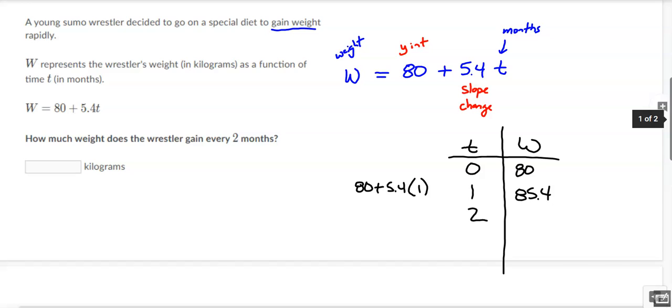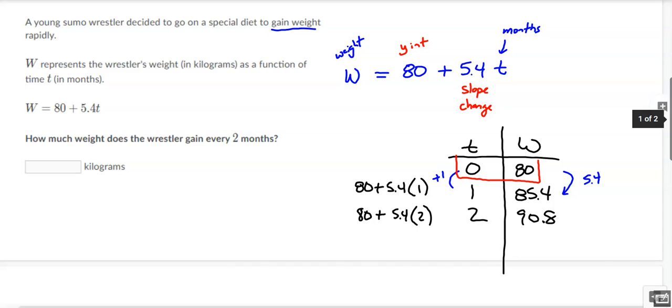If I plug 2 in there, I'm going to have 80 plus 5.4 times 2, which is 80 plus 10.8, which will be 90.8. And you'll notice our change in W is just our slope. It's going up by 5.4. And our change in T was 1, so it's 5.4 divided by 1, so the slope is 5.4. Our intercept, or our starting amount, is 80.